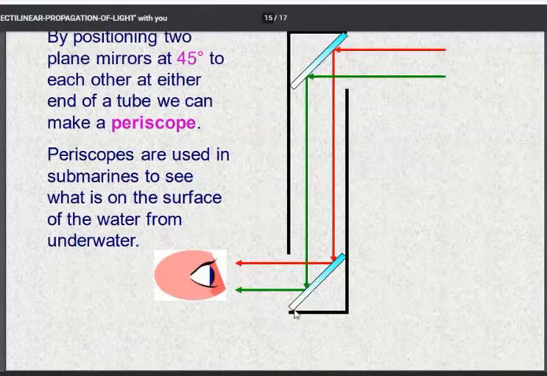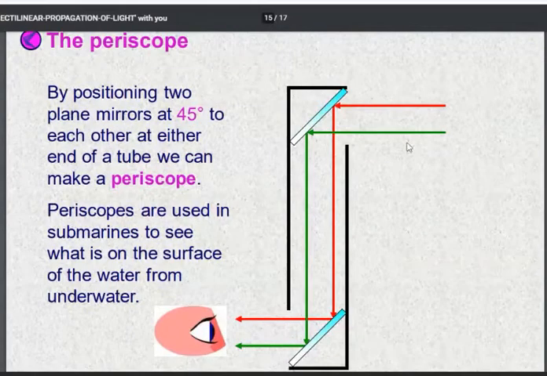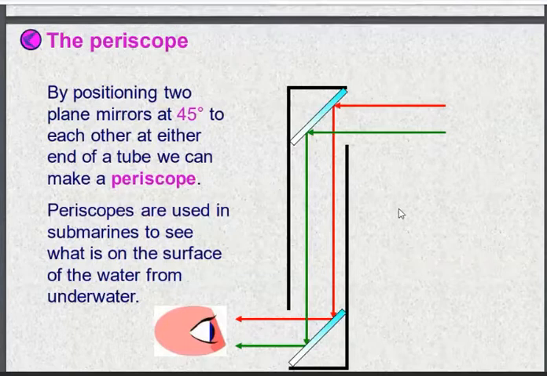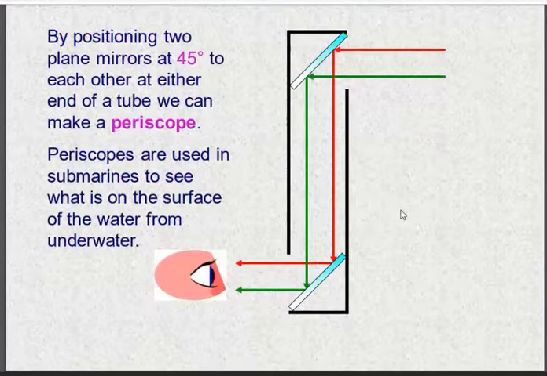Even in a war tank, the operator will be inside and not visible to outside people, but the operator can see the outside people with the help of this periscope.